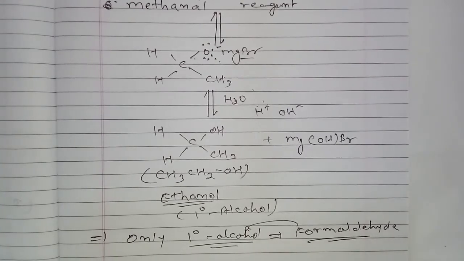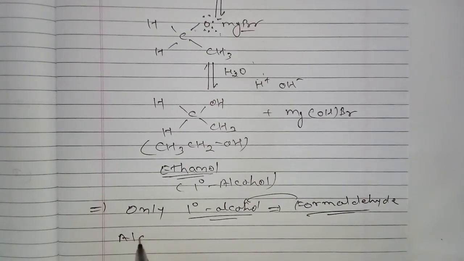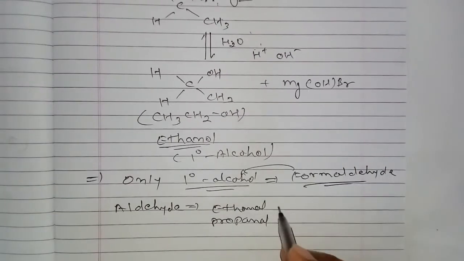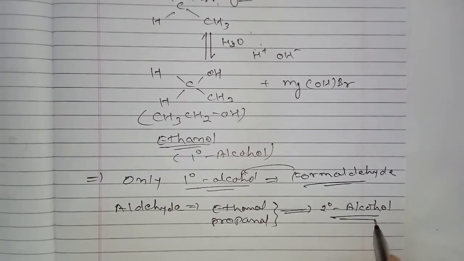When formaldehyde is used, primary alcohol is formed, or when another aldehyde like ethanal or propanal is used, it is converted to secondary alcohol.